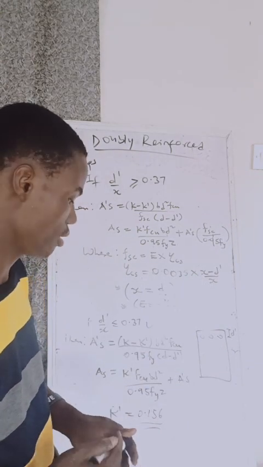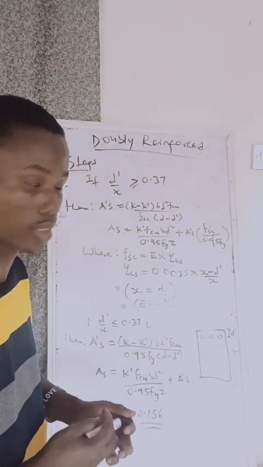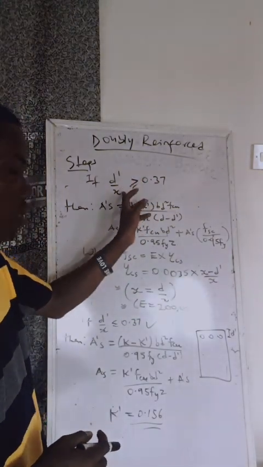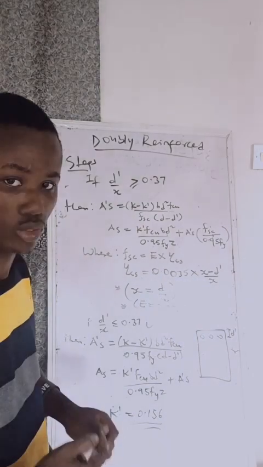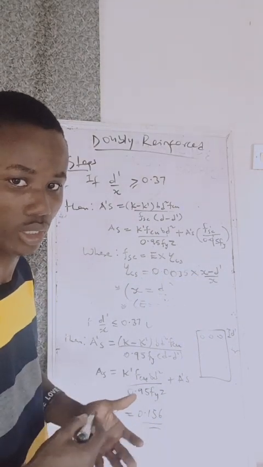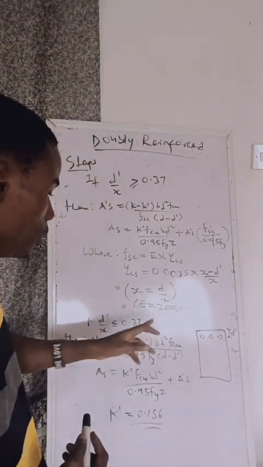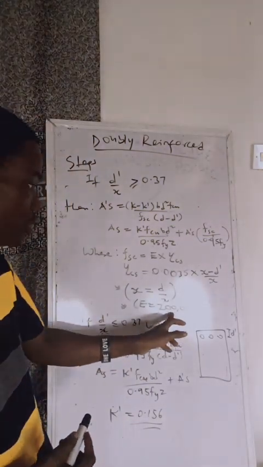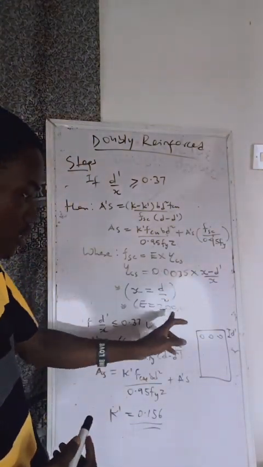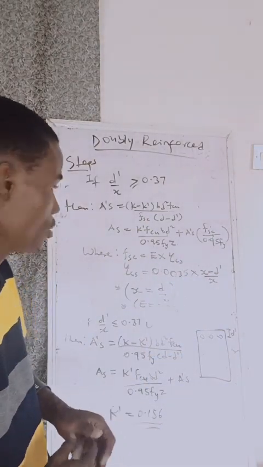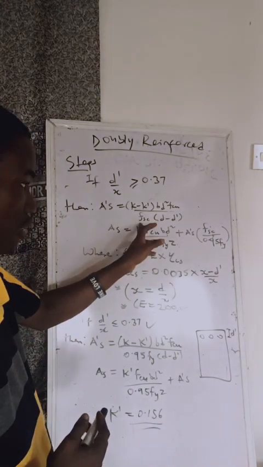To prove it, d prime over x told you x is d over 2. So take note of this. These are very, very crucial. Write this down and let it sink into your head. And also, your E is 200,000. So after calculating your εcs, just multiply it by 200,000. As simple as that. So that is how to find your fsc.